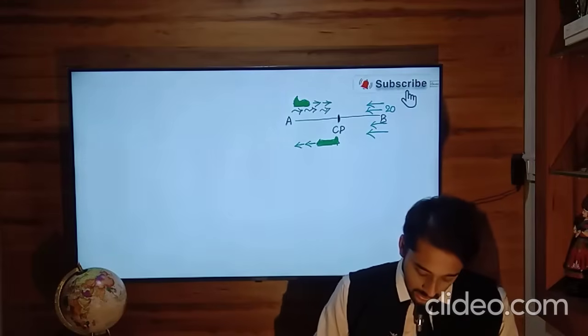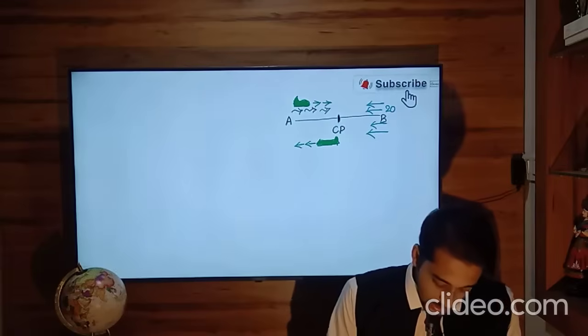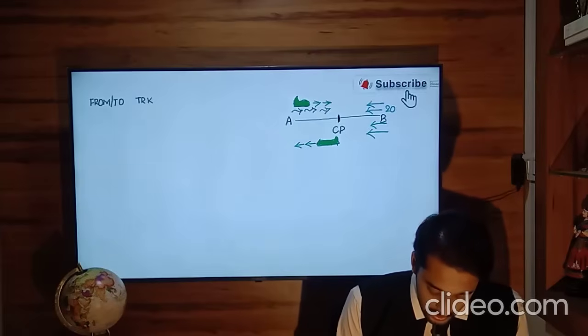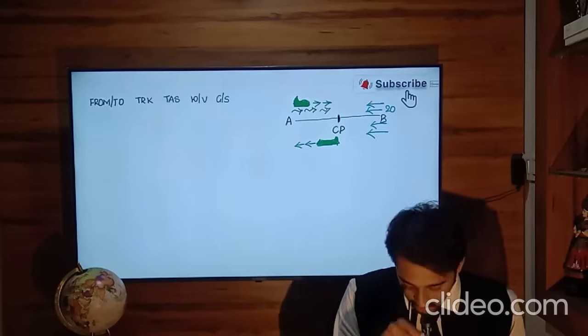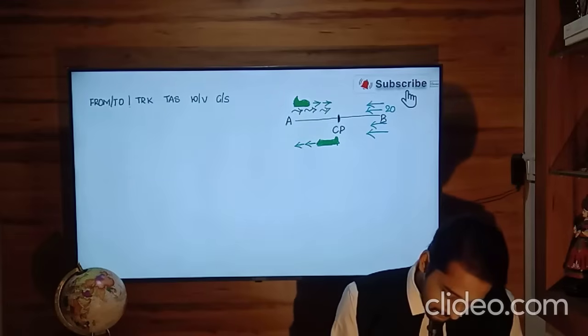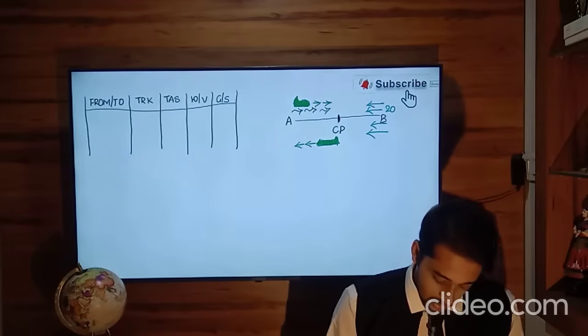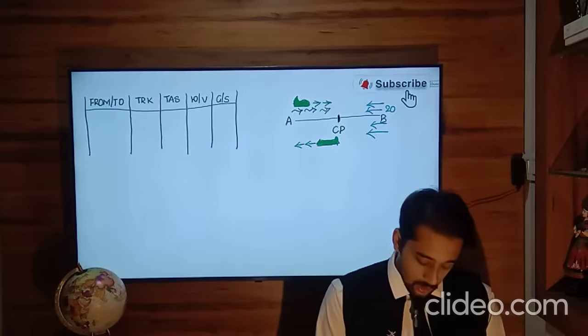Now let's draw a table like we always do for critical point. Always two columns first: the track column, the winds column, and the ground speed. Now first we will be going outbound.